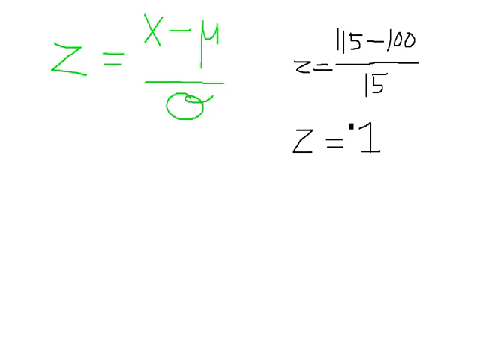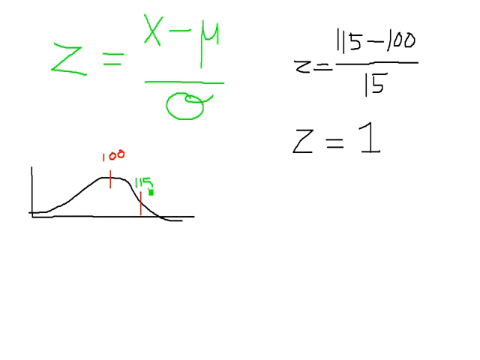Now, hopefully it'll be easy to see at this point. Let's graph a distribution of IQ scores. It's not the best graph, but it'll work. And right here's the mean. Like I said, the mean is 100. And here is our score. Somebody scored 115.